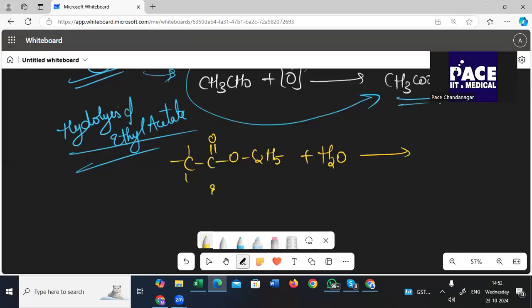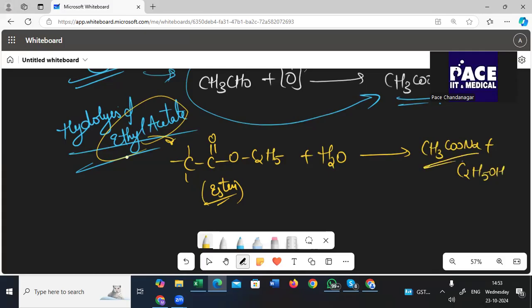Ethyl acetate is the proper name, but generally it is just called an ester. It will give you CH3COONa plus C2H5OH. Now you got this CH3COONa as sodium acetate. Now from this sodium acetate, you can bring out your acetic acid.